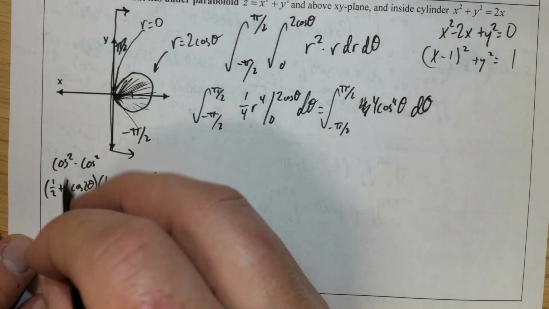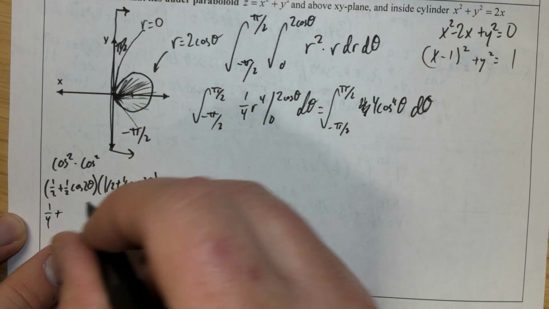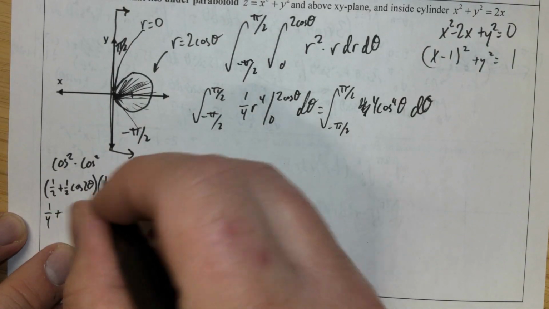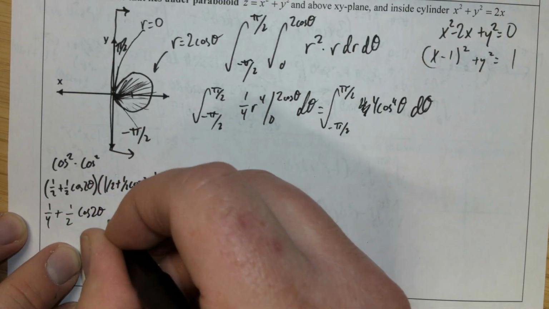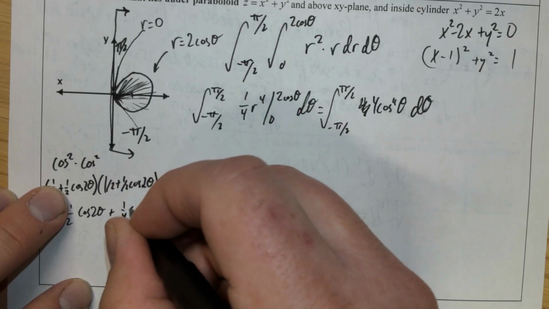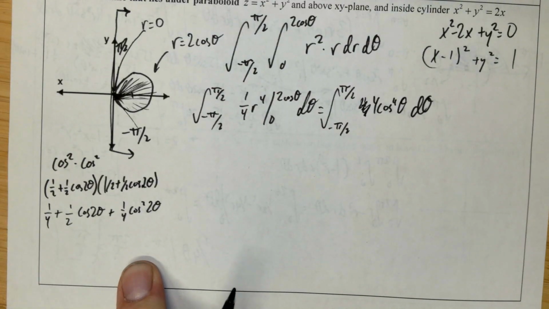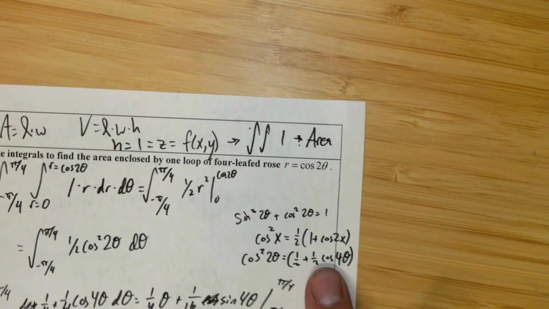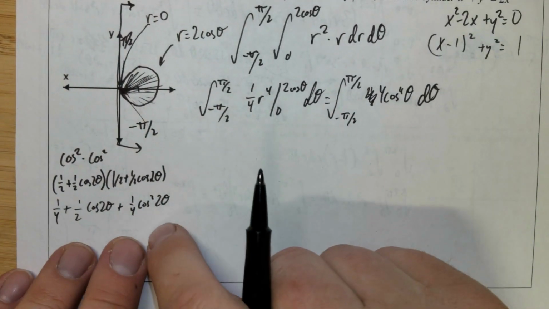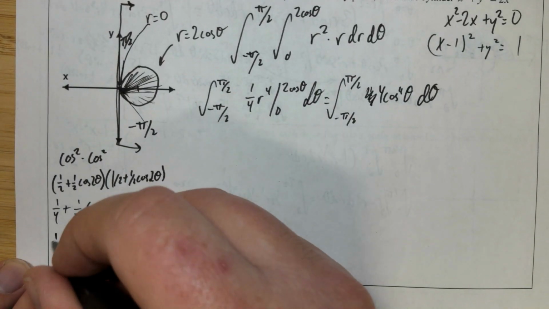And if I FOILed these and multiplied them, I'd have 1/4 plus 1/2 cos 2 theta plus 1/4 cosine squared 2 theta. Well, guess what? Your cosine squared 2 theta is this guy over here. So we're going to make that substitution down here as well.